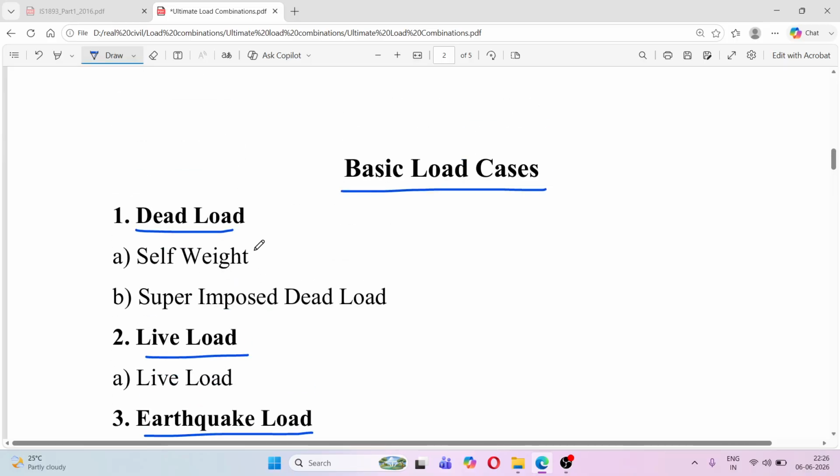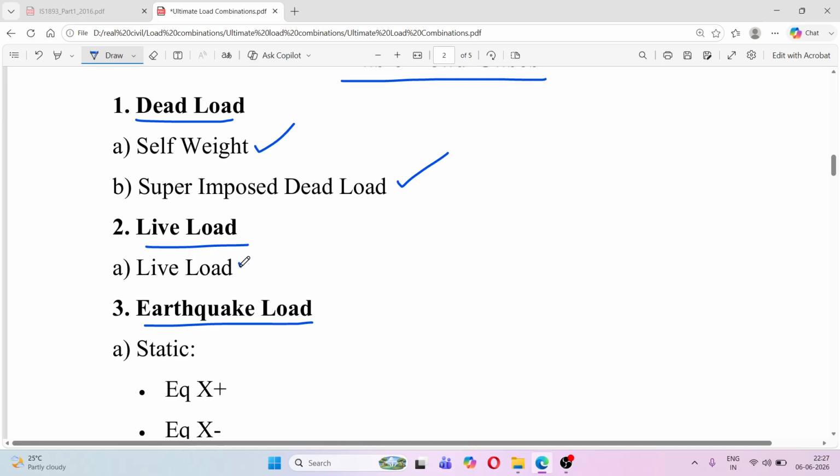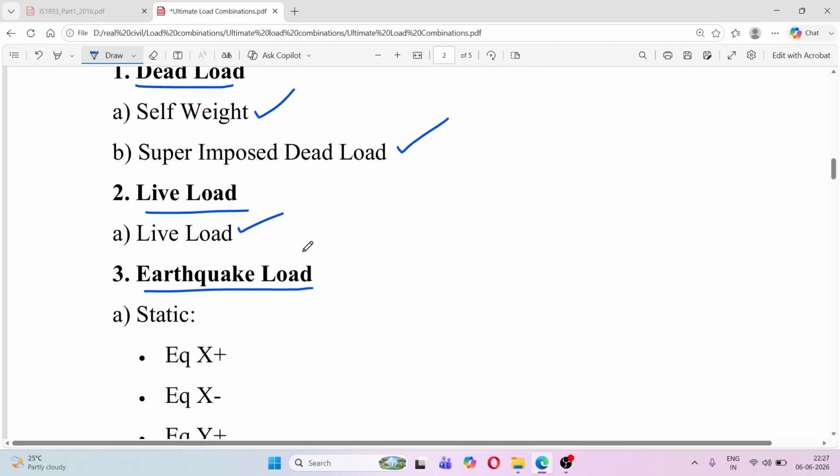Dead load includes the self-weight of the structure as well as the superimposed dead load such as floor loads, wall loads, lift load, etc. Then live load, we calculate this based on the occupancy as per IS 875 part 2.